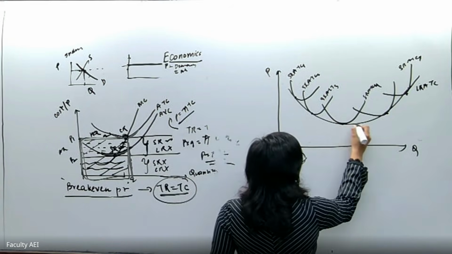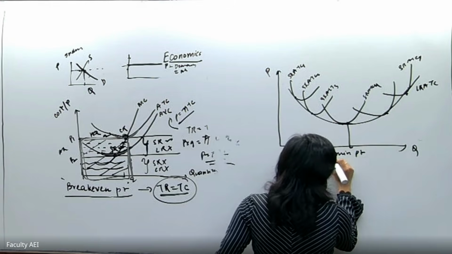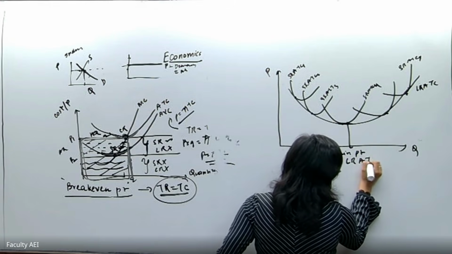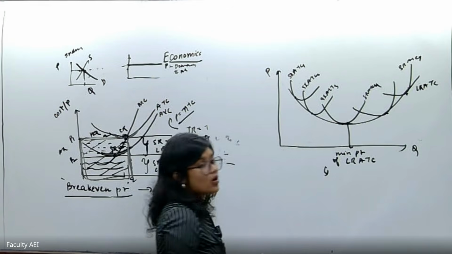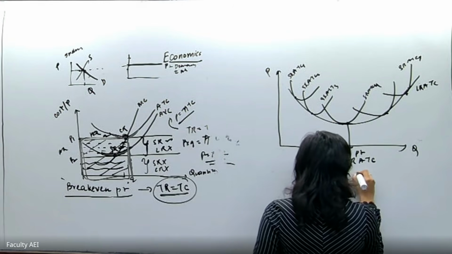This point, the minimum point of long run average total cost, is the minimum cost at which the firm can continue its production. It's called the minimum efficient scale.